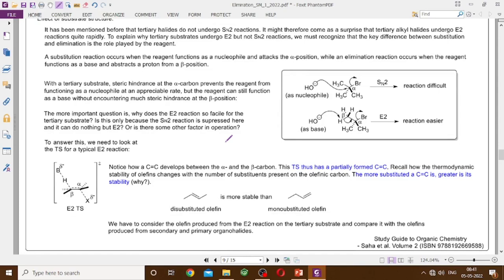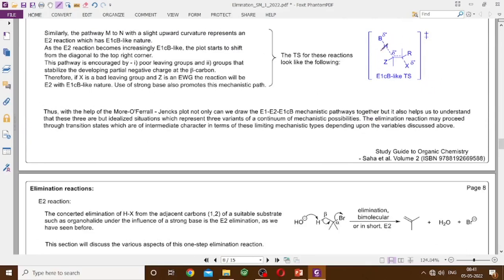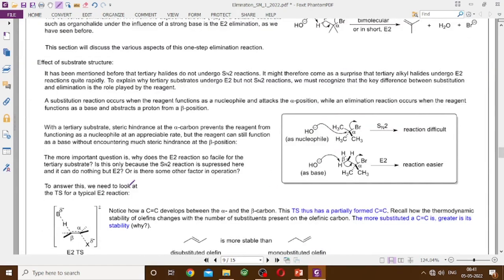You have to look at the transition state for an E2 reaction, right? And this time we will assume that this is the ideal E2 reaction, the C-Br bond breaking and the CH bond breaking happening to the same extent. That means it is synchronous. In the E1 like or E1CB like transition states, there is asynchronous bond breaking, but here we will assume synchronous bond breaking.